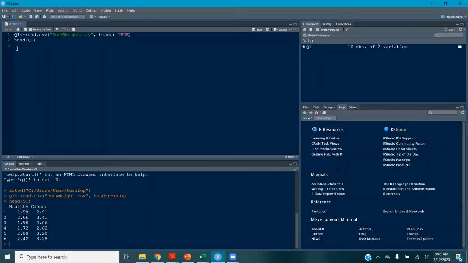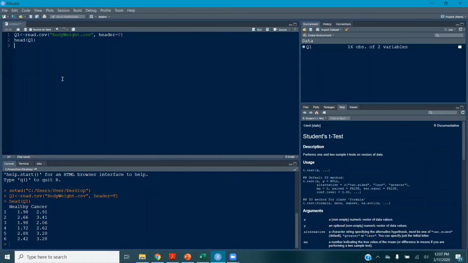Now that we know our data is good to go, let's go ahead and run the F-test. To run the F-test, we'll use the function var.test. There are 2 arguments for the var.test function, and these are the data that we'll be comparing the variances for. In the previous version of this video, I misspoke slightly and said that the order of the arguments doesn't matter.